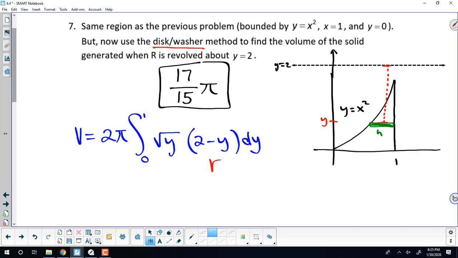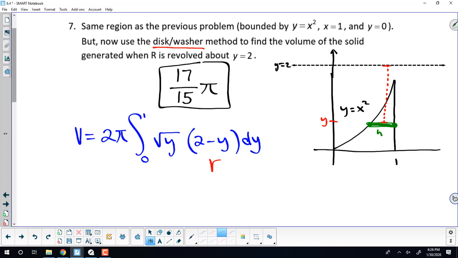Okay, 2 pi times r times h. Is that the height of the shell? Oh, 1 minus... right? If this is the height, how do we measure that? Right to left. Right minus left. That's the height of the shell.